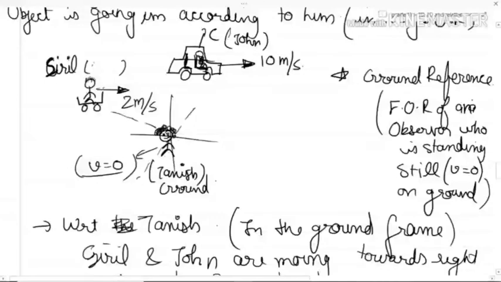With respect to Tanish, John is at a certain position. So with respect to him, whatever he is observing will be the motion of Cyril and John with respect to the ground frame. Is this clear? Whatever motion he will observe, that will be the frame of reference of Tanish, or the ground frame.